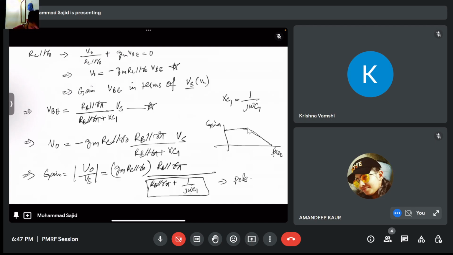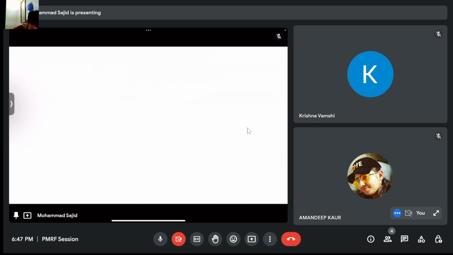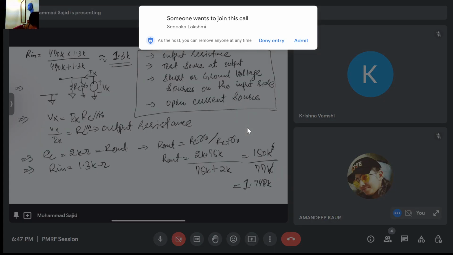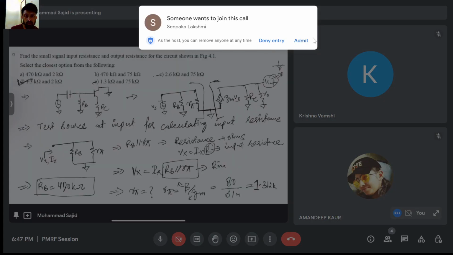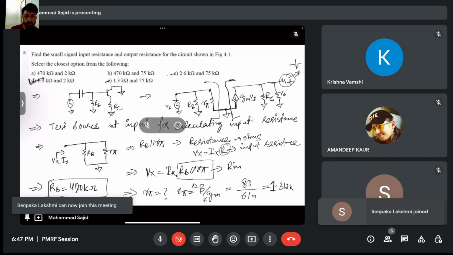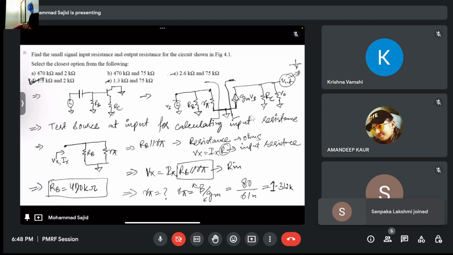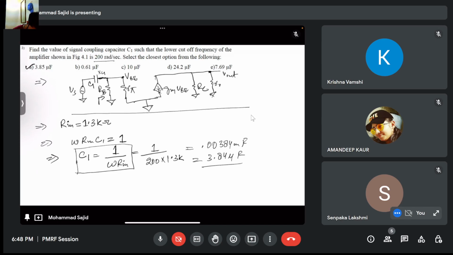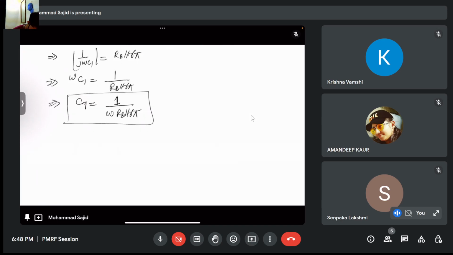Now if you go back here, what was input? Input resistance formula. Here input was given by RB parallel R pi, and the value is 1.3k. That is same as the one we directly used from the line.